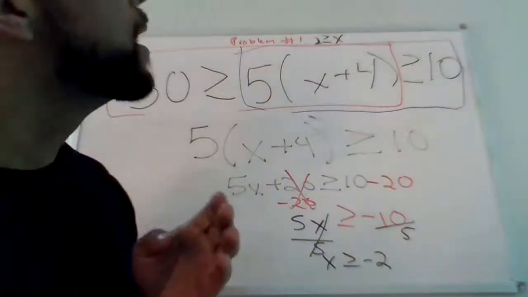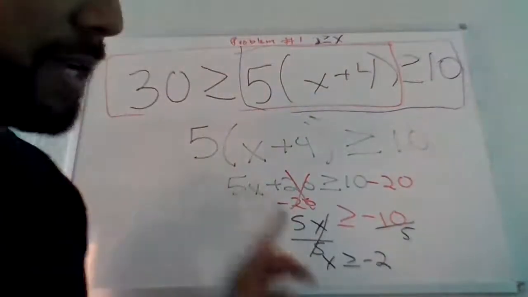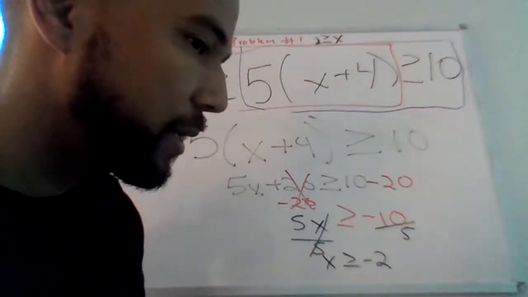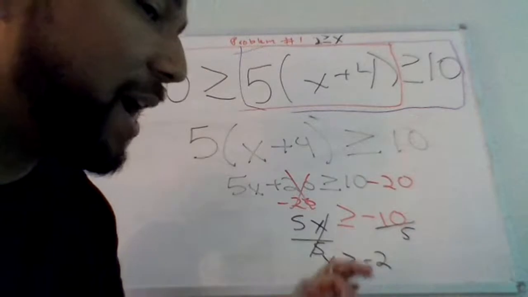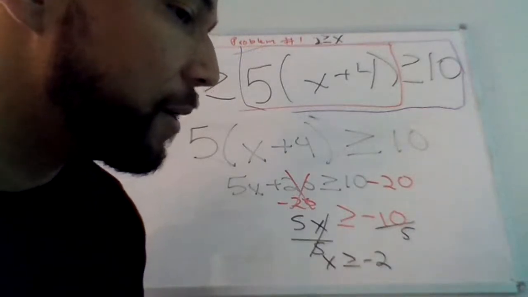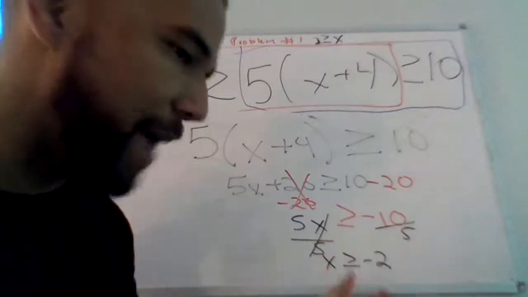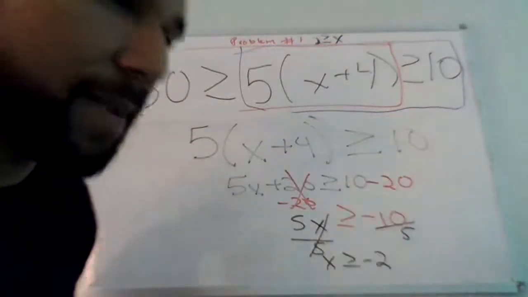So why is this one not flipped? Now the question is, did we divide by a negative number, or by just doing regular subtraction, we got a negative number? That's the question. Did we actually divide or multiply by a negative number, or did our product or sum, or should I say the sum or the difference, just happen to be a negative number?